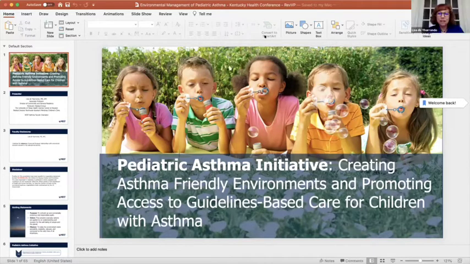Okay, is that working? Yes, you're good now. Yes, all right. Okay, and then I'm trying to figure out how to make this full screen. Should be able to click the little icon at the lower right hand, the one in PowerPoint. I think you should be able to click that. I can't do it now.